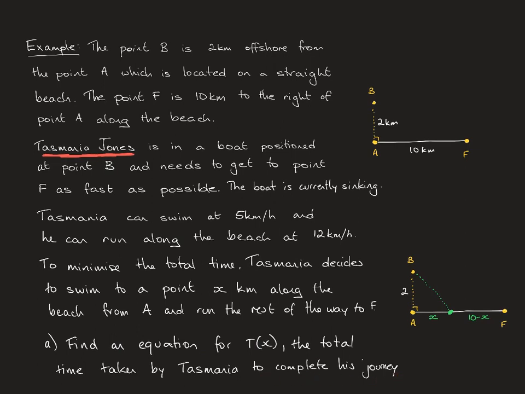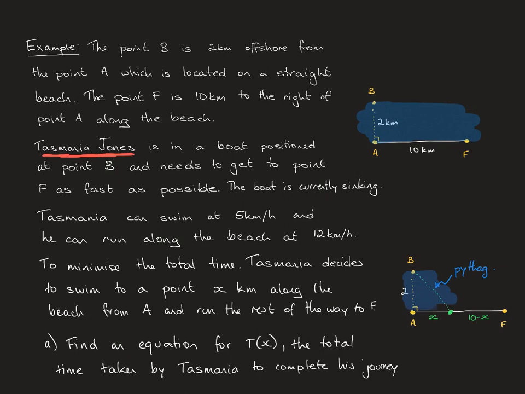So you can see again, this is almost exactly the same as the other question. This time we don't have any angles here, but we still have a right angled triangle. We have 2, we have x, and we can use Pythagoras' theorem to find this distance here. So we can use Pythag on this. And if it helps to colour code things up, he is swimming from B to the beach, so that is the swimming part.